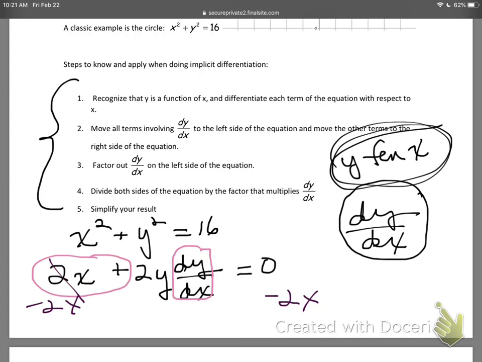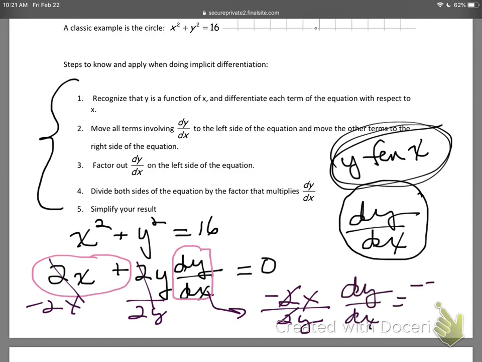Next thing I'm going to do is divide by 2y. That's gone. That leaves me with dy dx equals negative 2x over 2y. I do not need the 2's, so my final expression is that dy dx equals negative x over y.